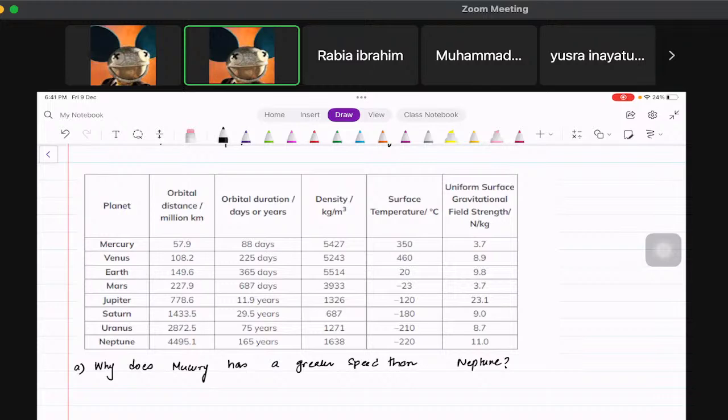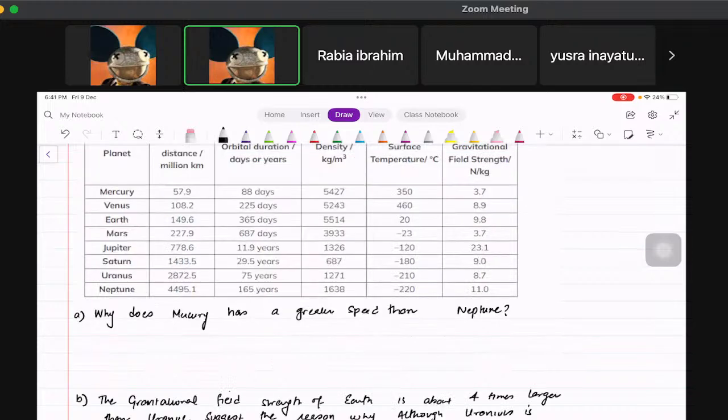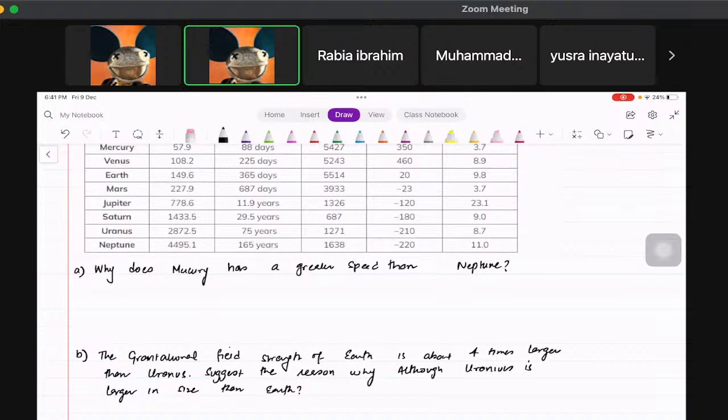One question I'll add from my own self. The surface temperature of Venus is larger than Mars, as you can see, right?